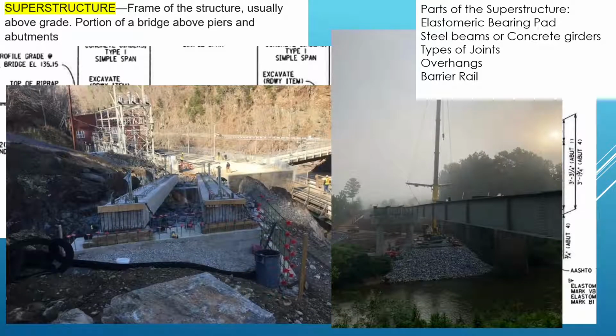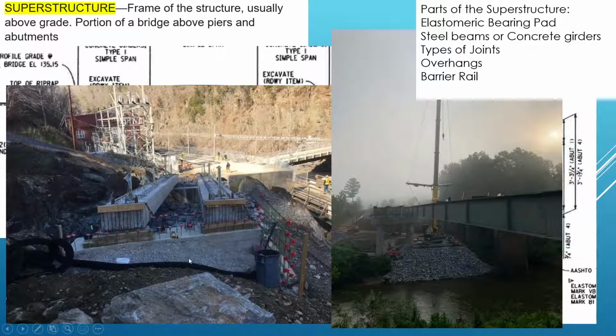Steel beams and concrete girders. They're not called beam girders, they're called girders and beams. Here are prime examples. Over here on the left, you've got a box girder, a concrete precast box girder. This girder was 4 foot wide, 2 foot tall, 70 foot long.